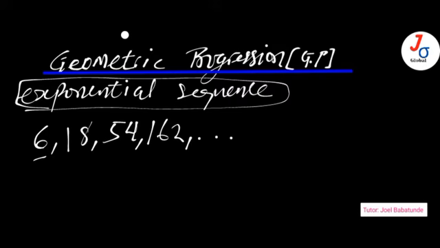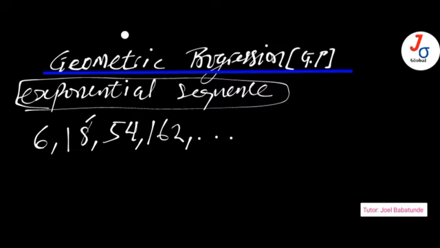I want to look at it closely. If you multiply 6 by 3, you get 18. If you multiply 18 by 3, you get 54. And if you multiply 54 by 3, you get 162. So that means these terms differ by a constant multiple of 3. Okay, so that's an exponential sequence.